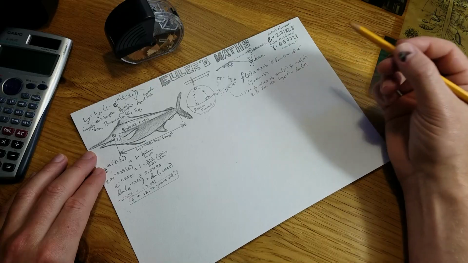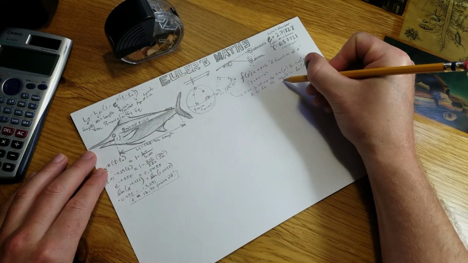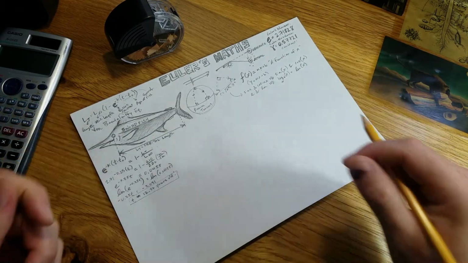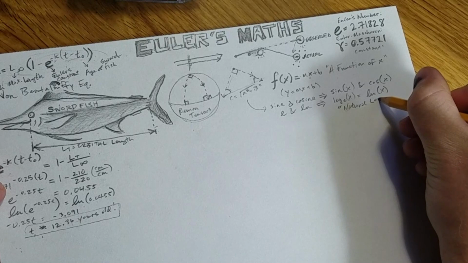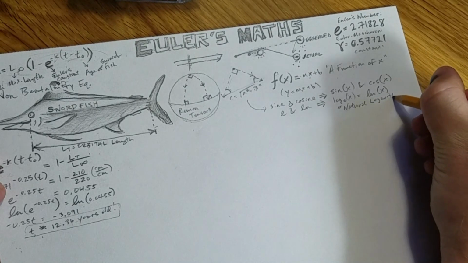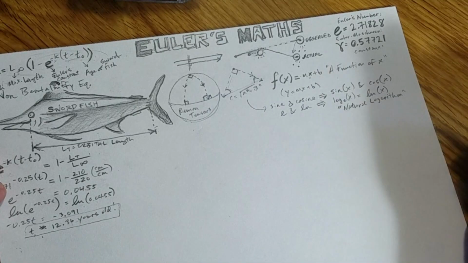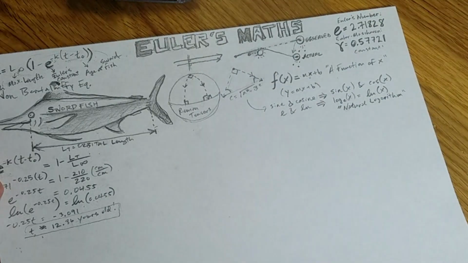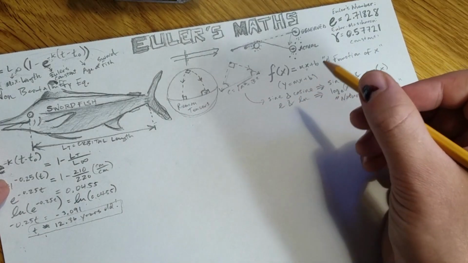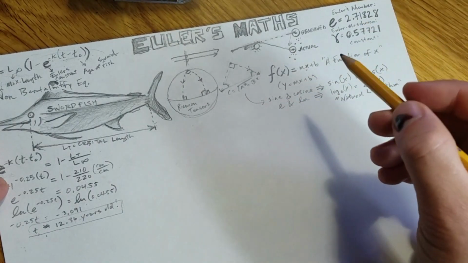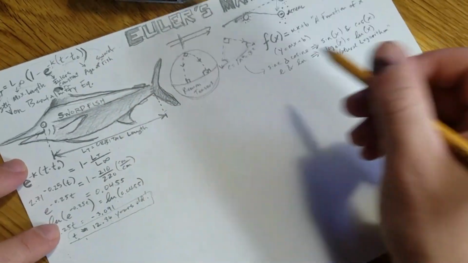And logarithms are for another episode, but a logarithm is just an inverse of the exponent, natural logarithm. He made use of the Greek letter sigma for summations.